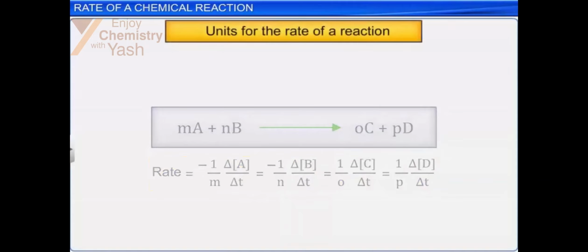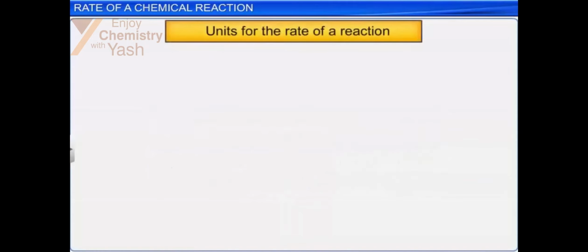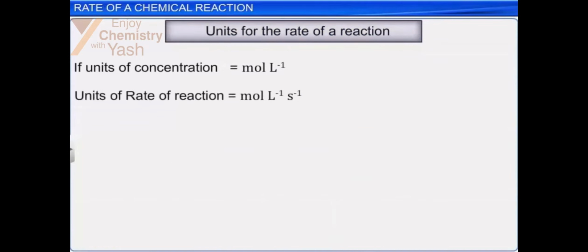Let us now look at the units for the rate of a reaction. If the concentration is in mole per liter, then the unit for the rate of reaction is mole per liter per second.